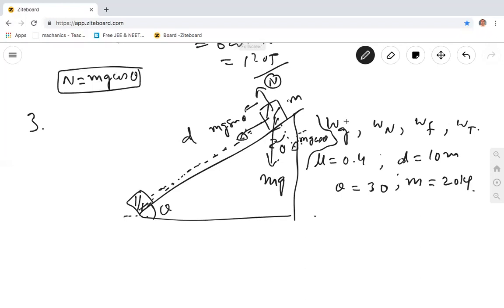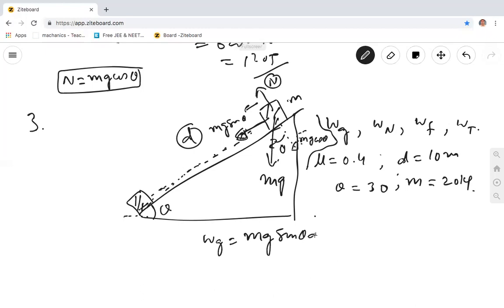So what is the work done by the gravitational force? Look here, mg sine theta is the gravitational force along the inclined plane, and it moves along the plane. What distance does it cover? D. So we write mg sine theta d.